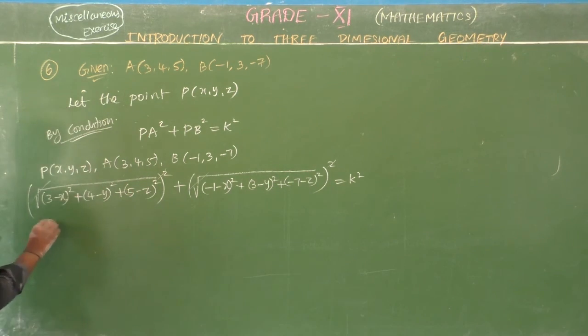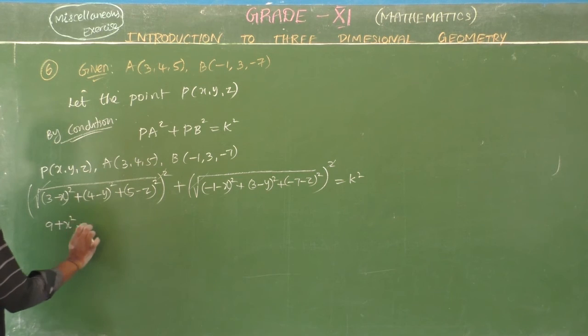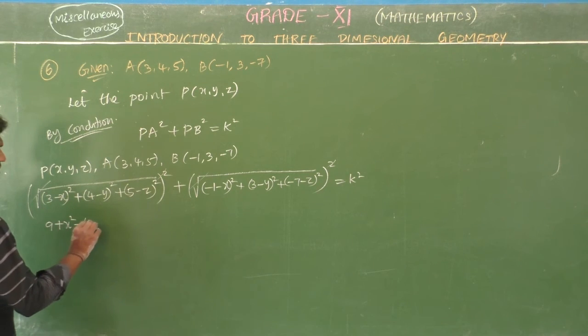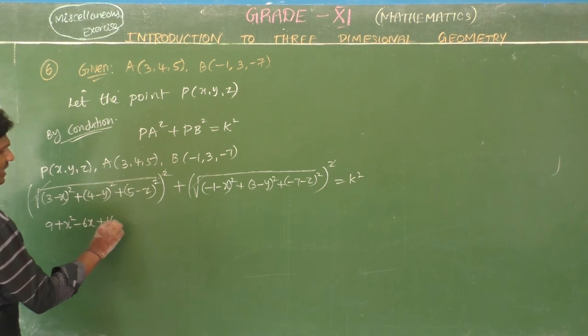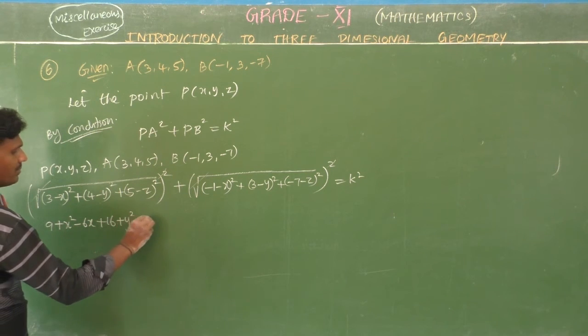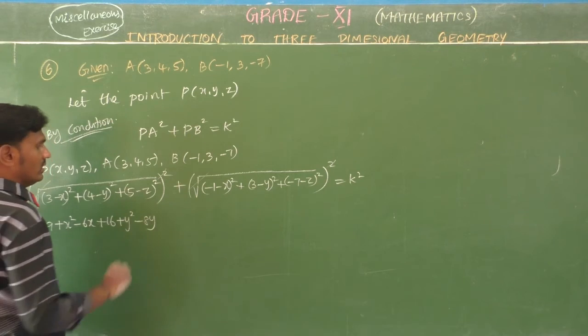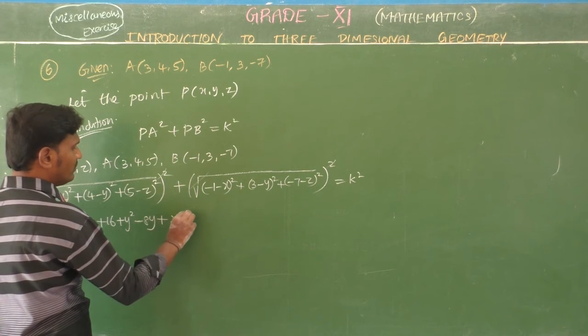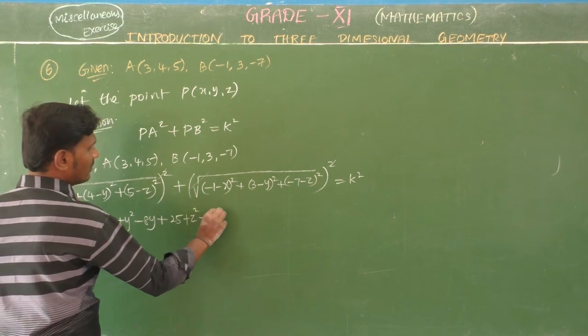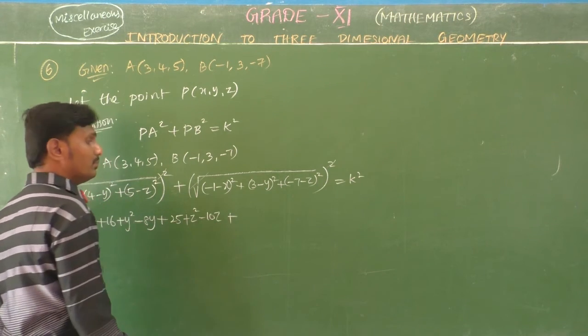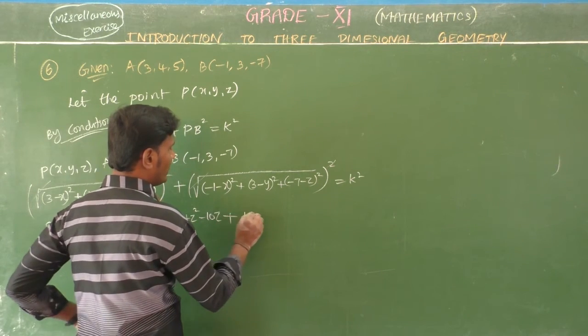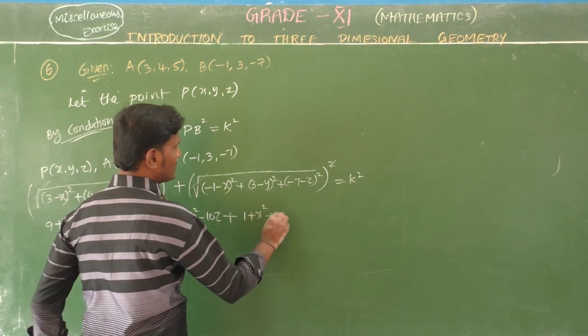Now expand this, 3 square is 9 plus x square minus 2ab, that is a minus b the whole square. So 2 3s are 6x. Then 4 square 16, y square minus 8y. Then 5 square is 25 plus z square minus 10z plus 1 square is 1 plus x square plus 2x.